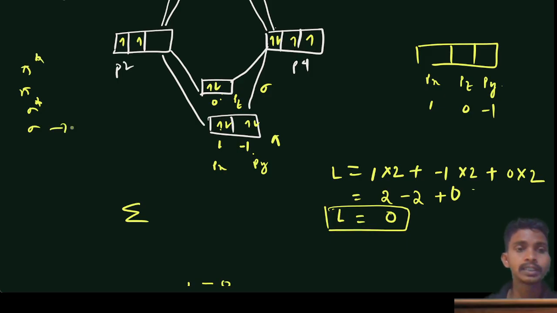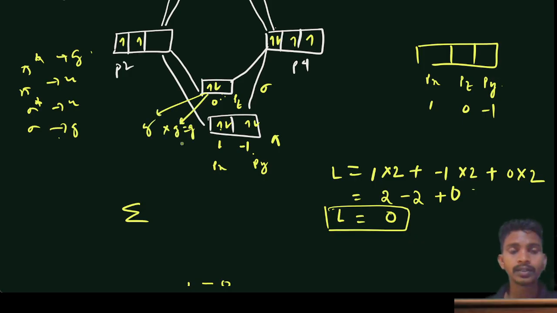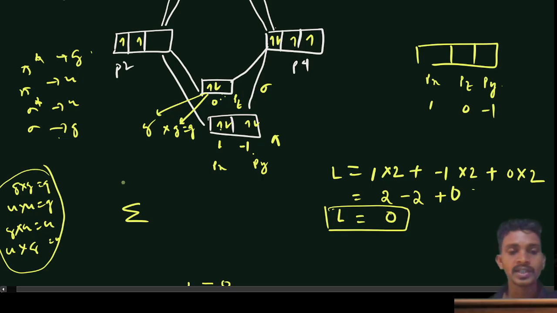So this is G, this is U, this is U, this is G. So for 1 that is G, another one G, G into G is again G. We have discussed that G into G is G, U into U is G, G into U is U, and U into G is U. That we have discussed in the previous class. So this will be G into G, so this will be G.